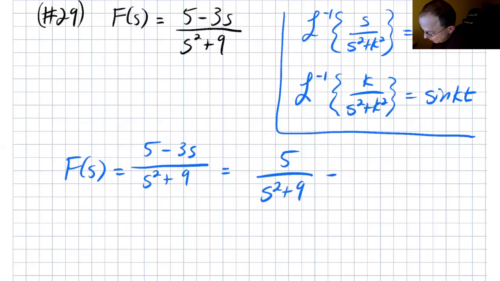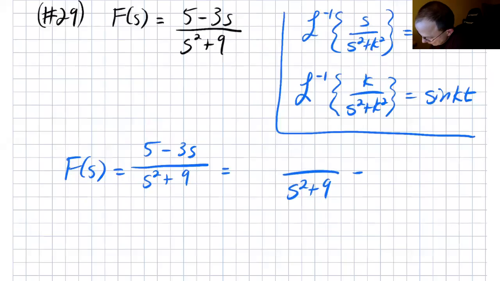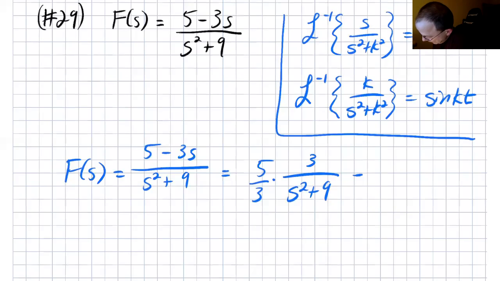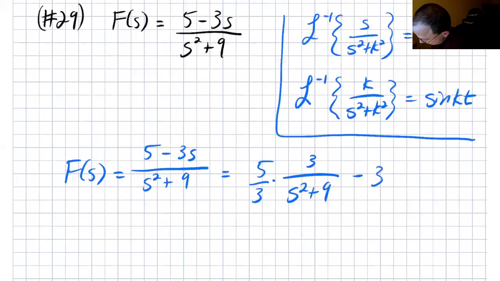I'll move the 5 to the front, but I know I want a 3 up here, so I'll divide by 3. And then here I have minus 3 times s over s squared plus 9.